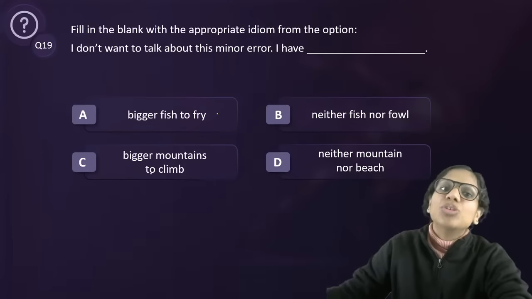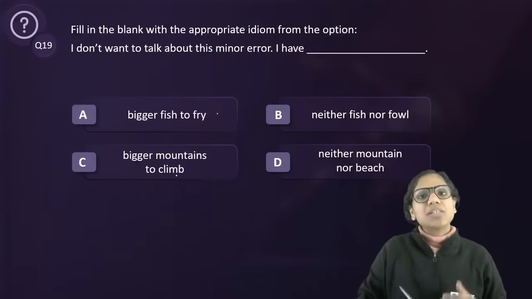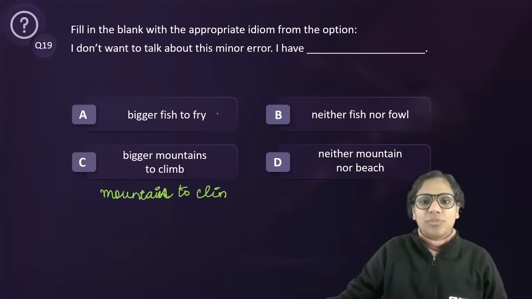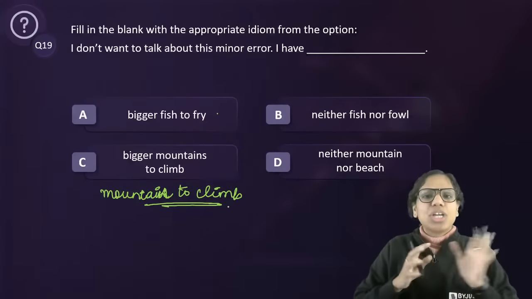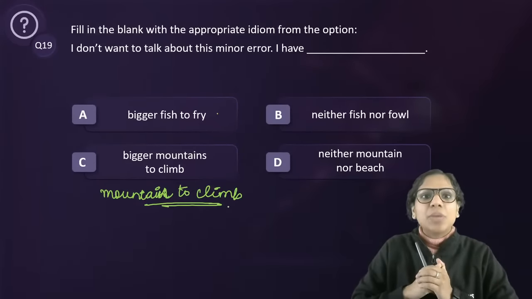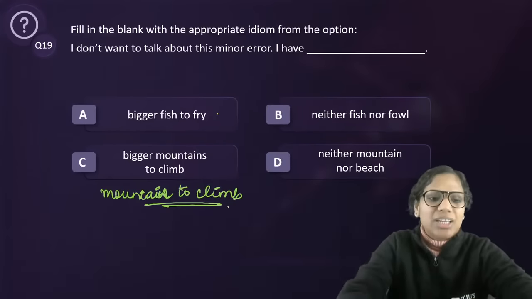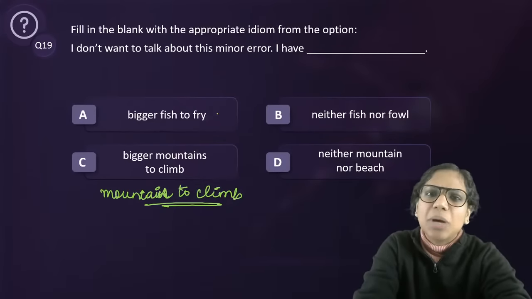I have bigger mountains to climb. When we say that someone has a mountain to climb, that means they have to perform a task that is going to be difficult for them. We envisage a difficult task ahead of them. That is when we say he or she has a mountain to climb. But when we talk about having bigger concerns in life, I don't want to talk about this minor error.